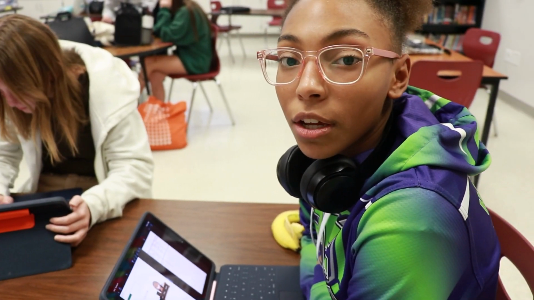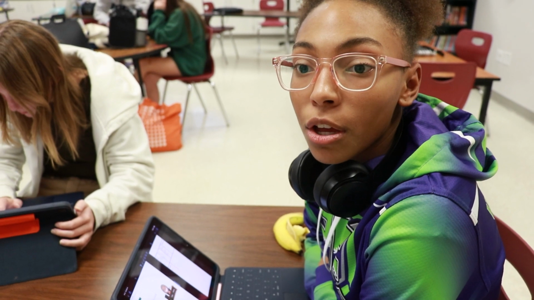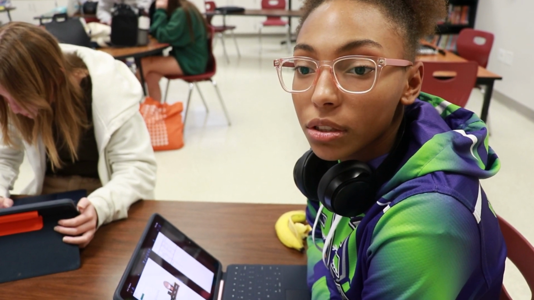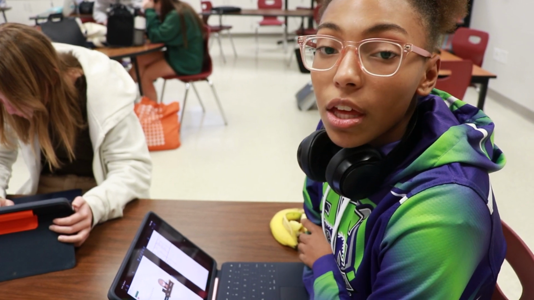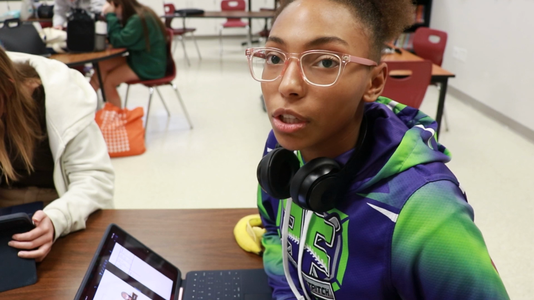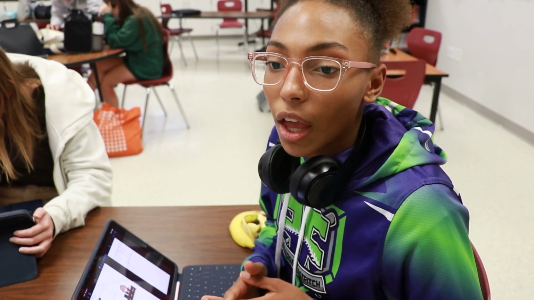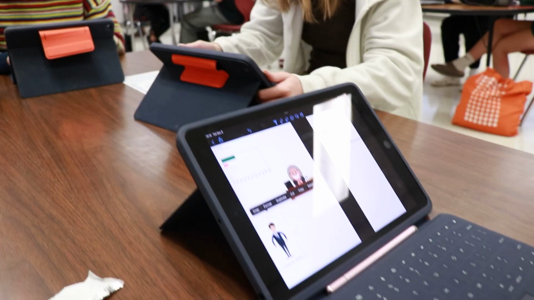So mine's going to be about college debt because I think that's a very serious topic. You're going to walk away knowing that there are more broke college students who spend most of their life paying off debt than there are people with scholarships or people who have no college debt whatsoever.